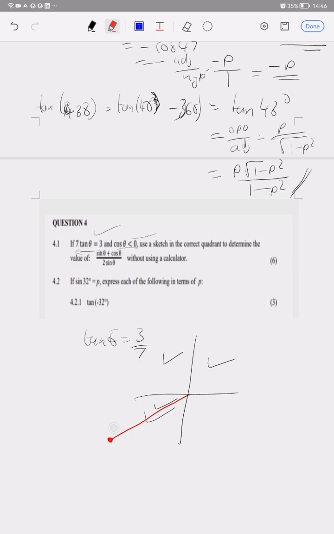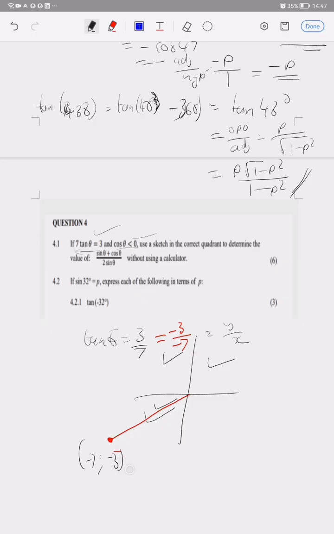I know my y value and x value are negative, so I'll assume this was negative 3 over negative 7. Remember, tan is y over x. So my x is negative 7, my y is negative 3.